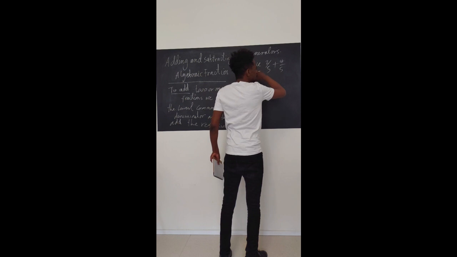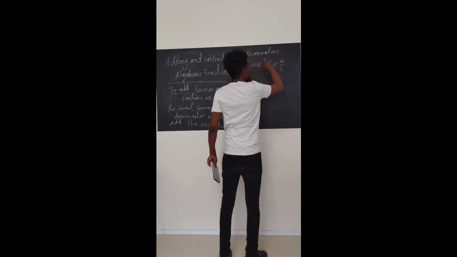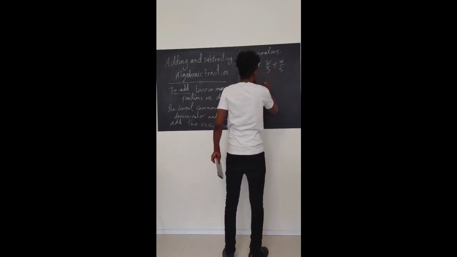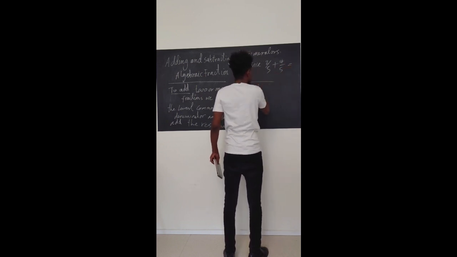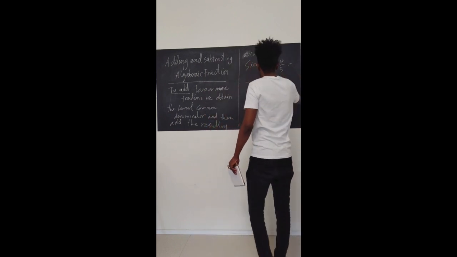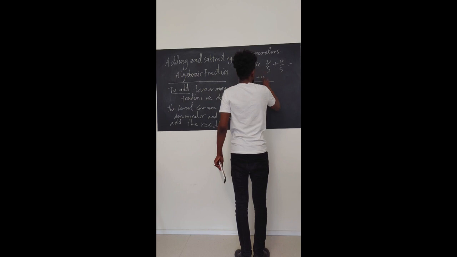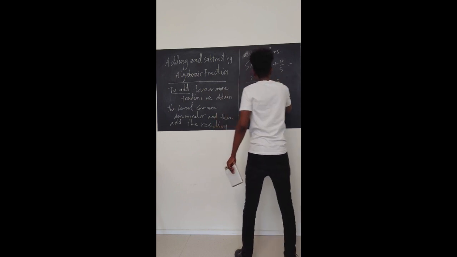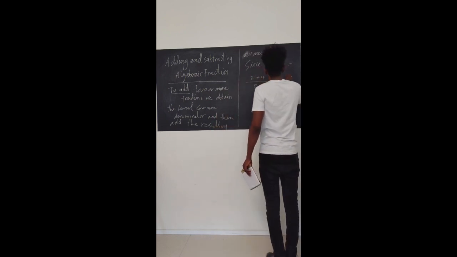The lowest common denominator for both fractions is 5. So to add this, the denominator is 5, and then we add the numerators, 2 plus 4 over 5. 2 plus 4, that's 6 over 5.